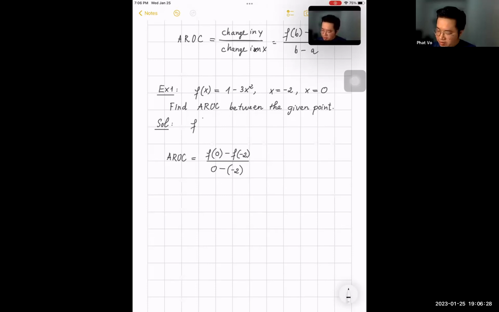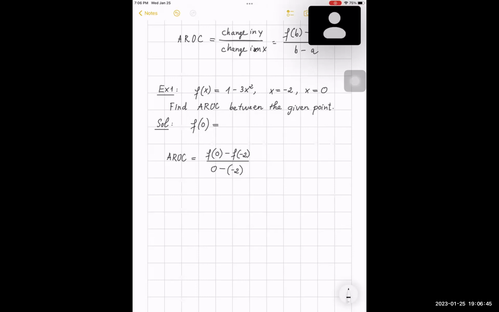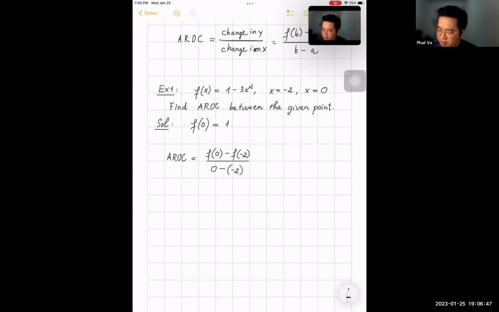So what is the value of f at 0? Could you tell me? Okay, this is easy, right? It's 1. Yeah, it's 1. Replace x by 0: 1 minus 3 times 0 squared.